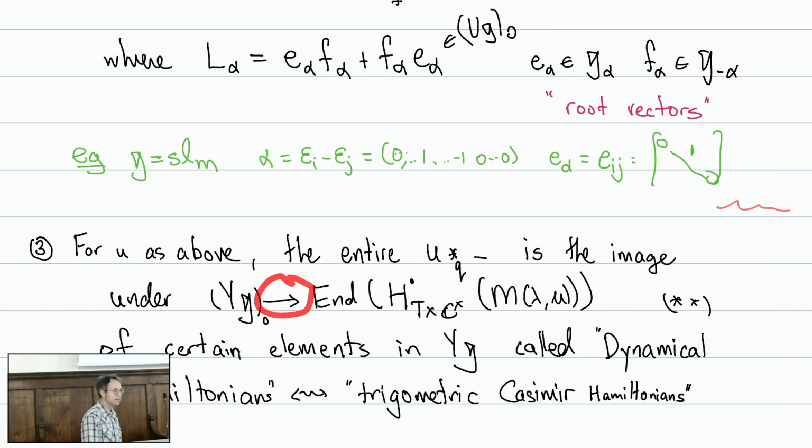Sorry, this map here? No, it won't be surjective. It won't be surjective. Again, it acts by correspondences. So it factors through, it's going to be a little messy, but let's just try. I think it factors through this.